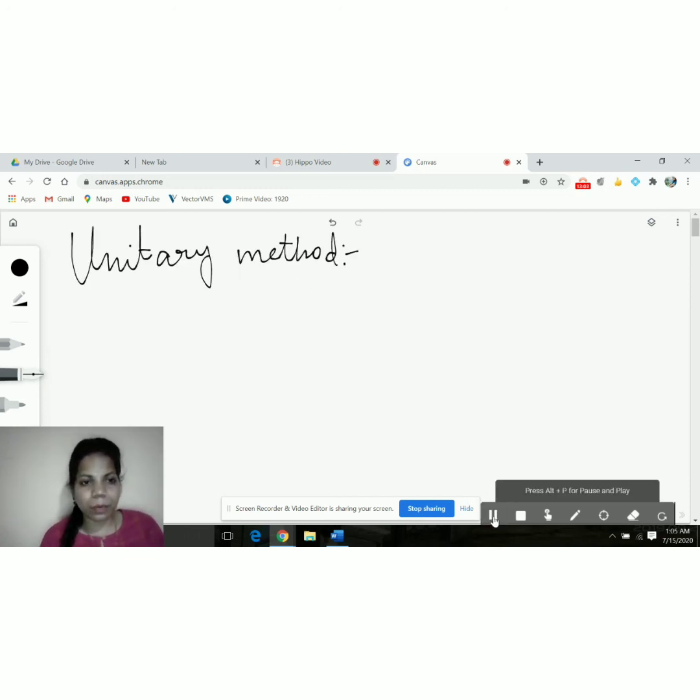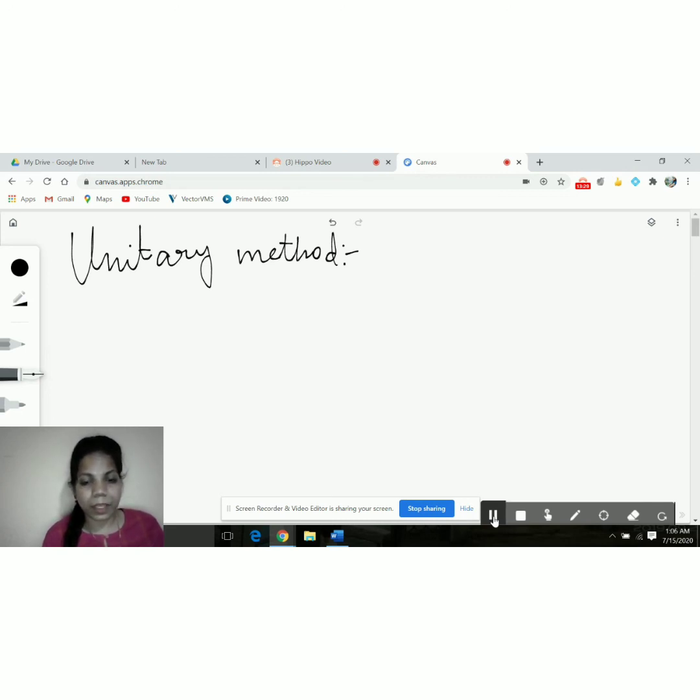Now let us see what is unitary method. Unitary method is a method in which value of a single unit is found first by the information given, using division, and then the value of required number of units is found by multiplication.